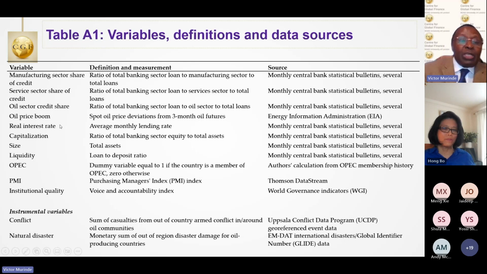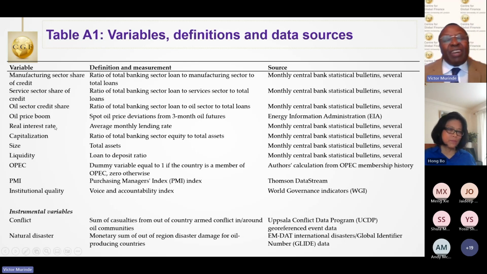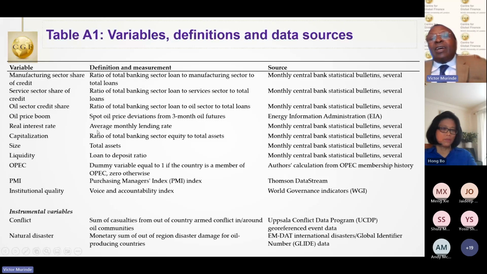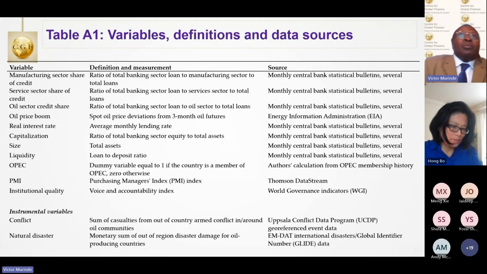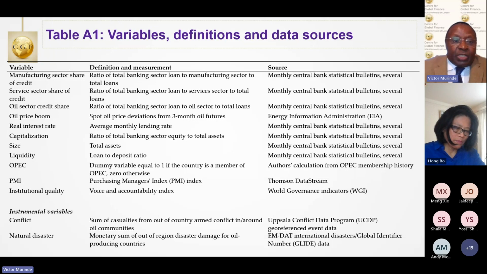Then we are also looking at the real interest rate. We have a version of the covered and uncovered interest parity conditions. So we have the real interest rate, an average monthly lending rate.